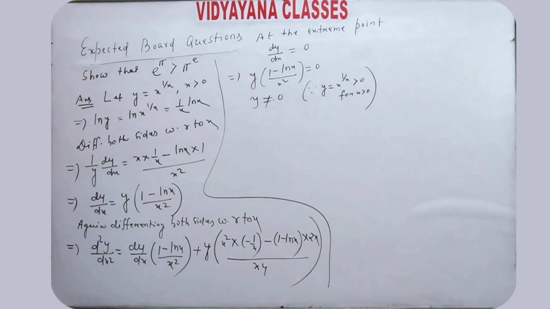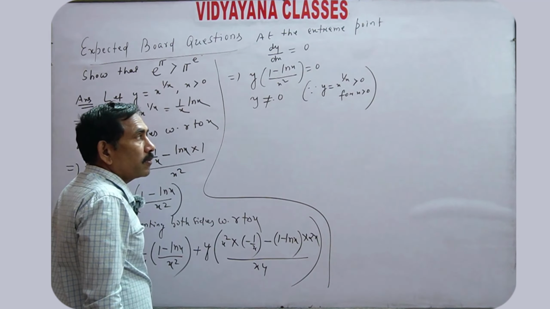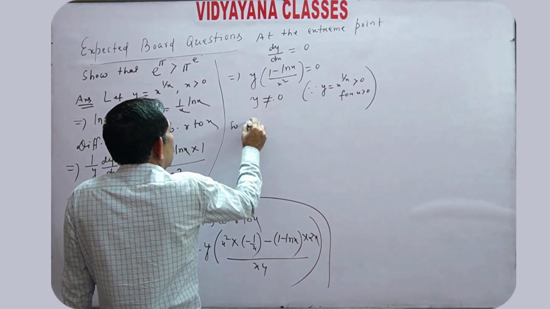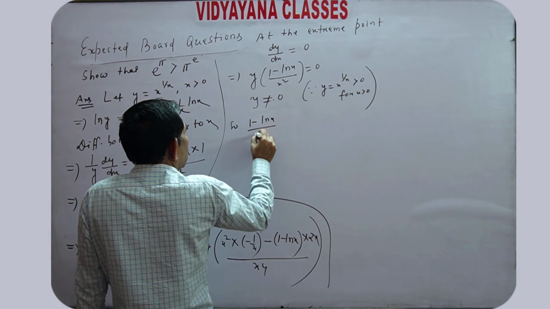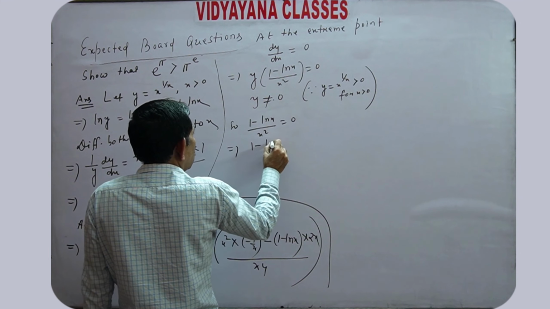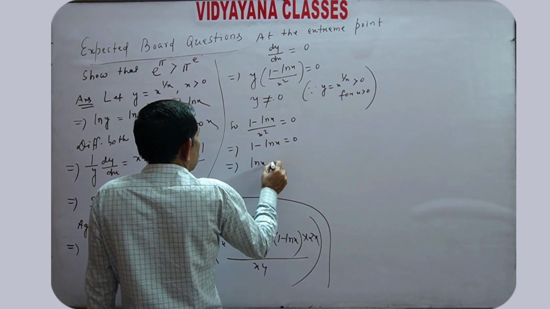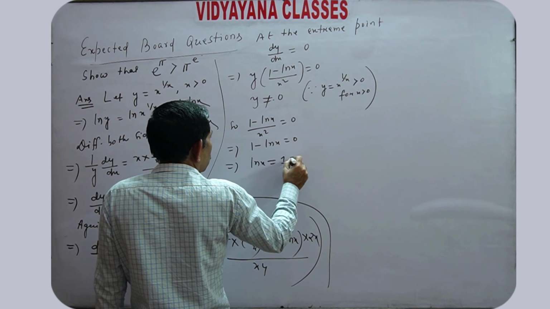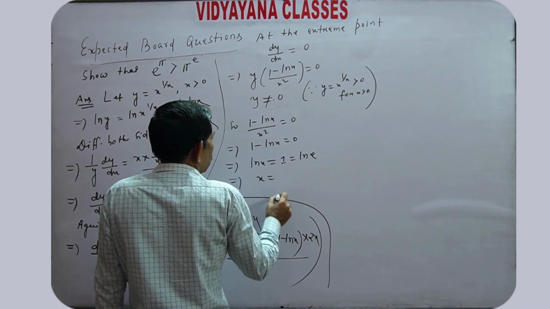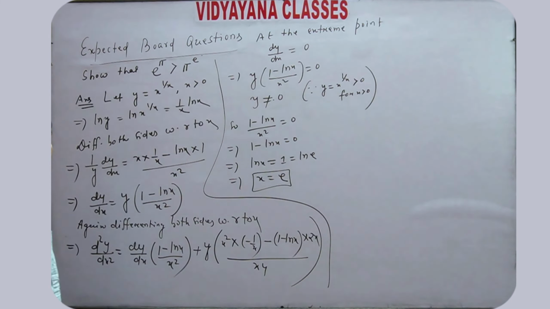So 1 minus ln x divided by x square is equal to 0, which implies 1 minus ln x is equal to 0, which implies ln x is equal to 1, which is equal to ln e, implies x is equal to e. Clear?